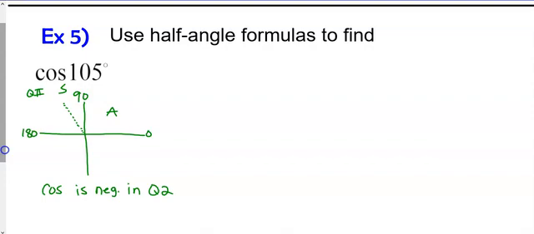We're going to have a negative out front. As we go through here, we want to double that, so 105 times 2 would be 210 over 2. Now we want to find that 210 degree angle. 180 plus 30 more gives us 210, so we have a 30 degree reference angle.